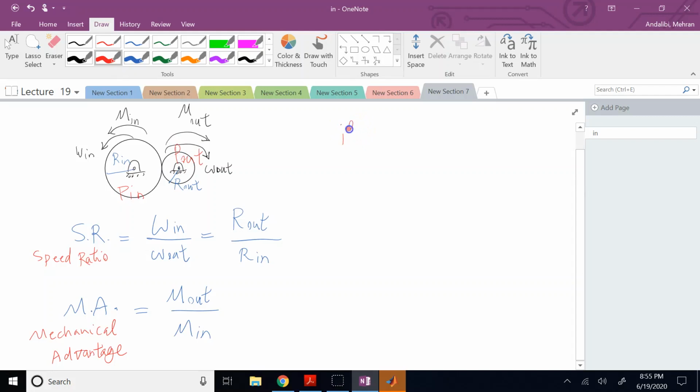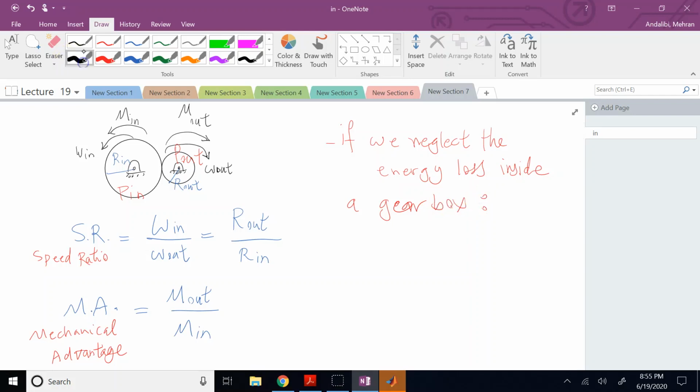Now, if we neglect the energy loss inside a gear train or a gearbox, or say it's small, then we can say that power in is equal to power out.